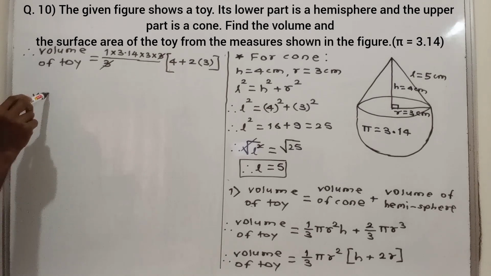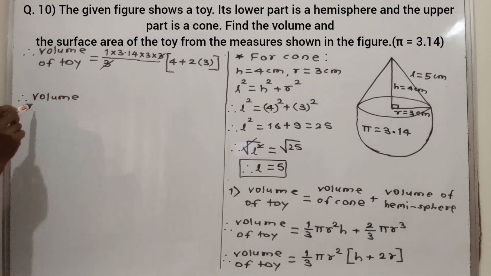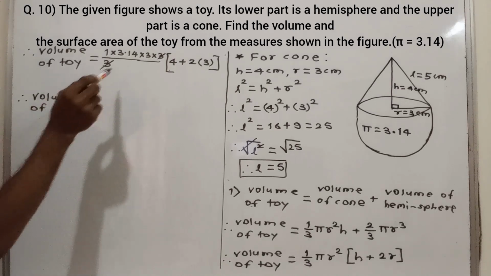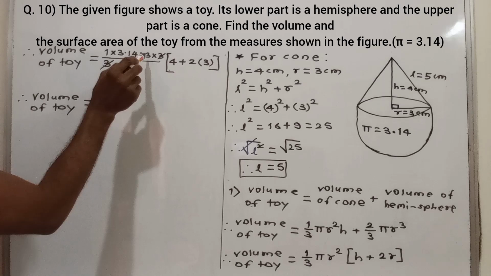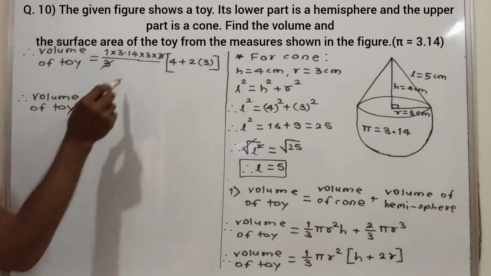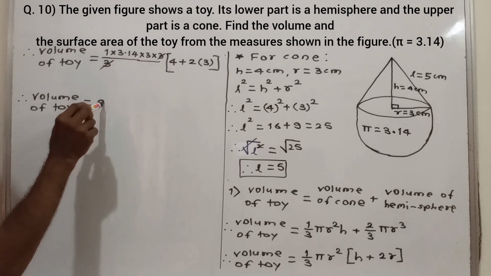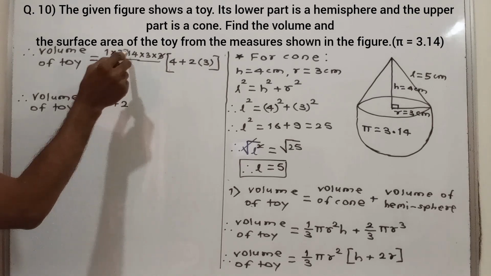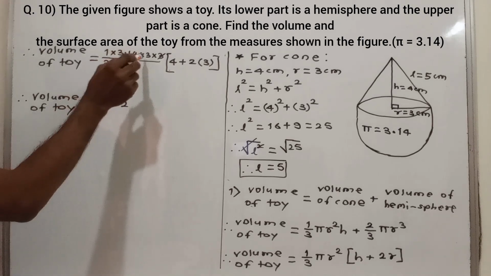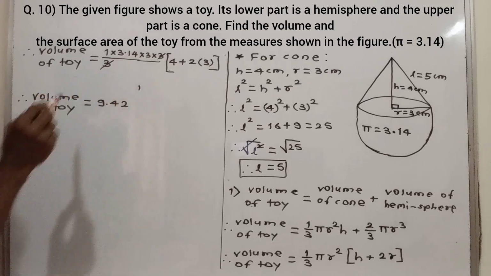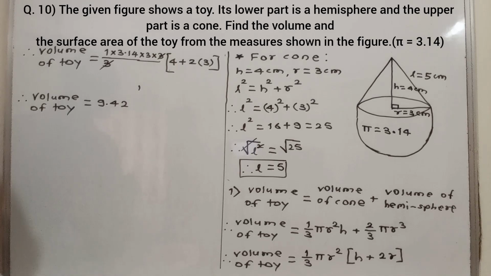Therefore, volume of toy is equal to product of this, 3 into 3.14, 9.42. Did you get it?